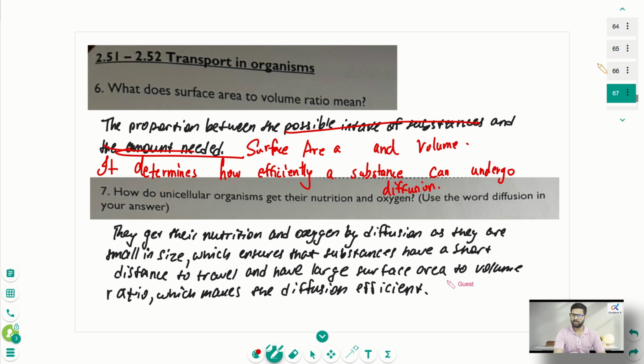Or let us make it much shorter because it is a short answer, right? It determines how efficiently a substance diffuses. That is more than enough.